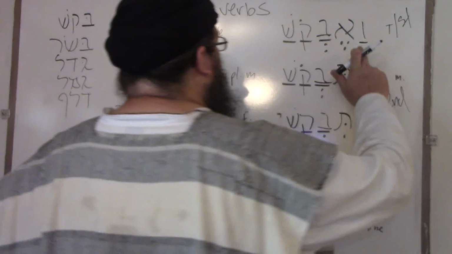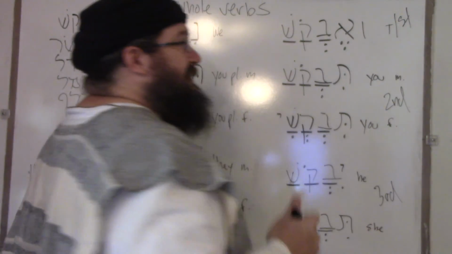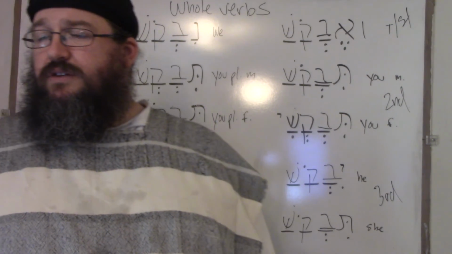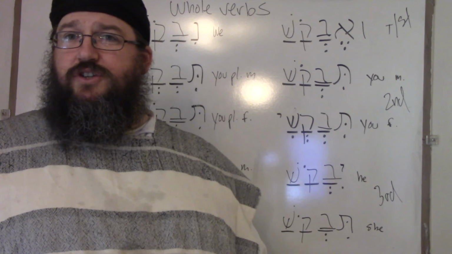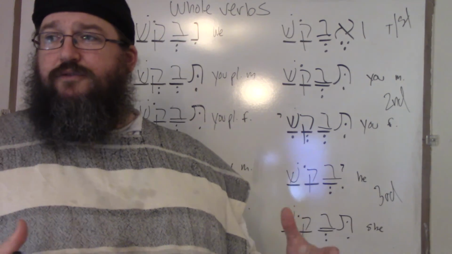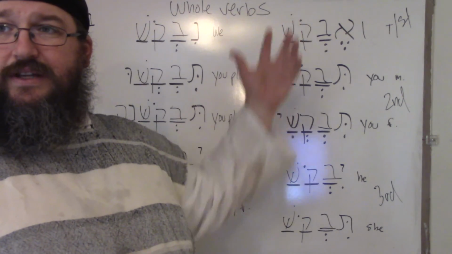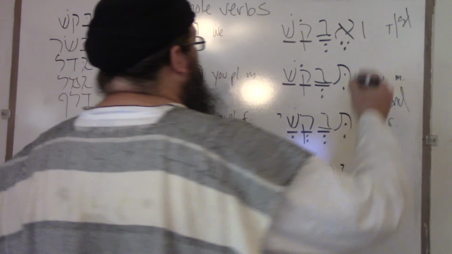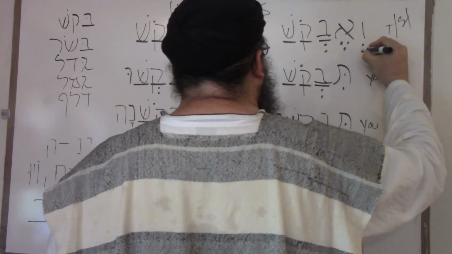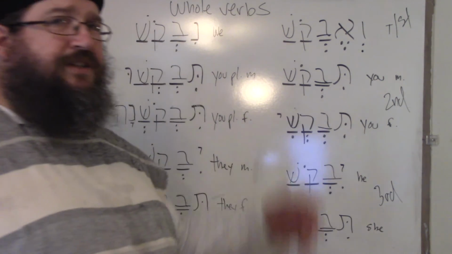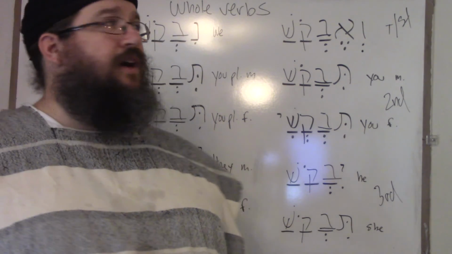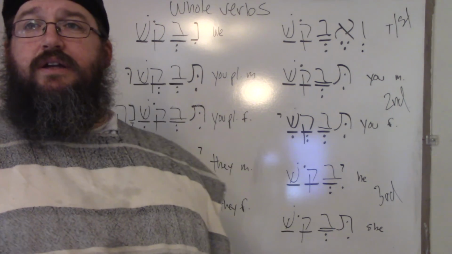If I want to make this just a simple Vav conjunction, remember, a complex Vav conjunction is where we're making it the Vav conversive, makes it the future tense is now looked at as the past. If I want to make a simple Vav conjunction, I just put a shua underneath it. Now we have ve'ev kosh, and I will seek.